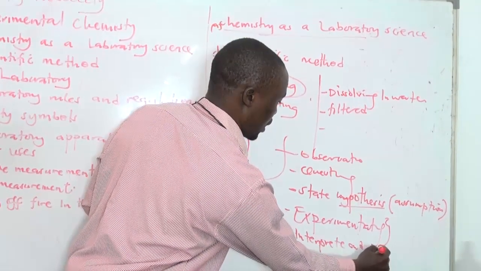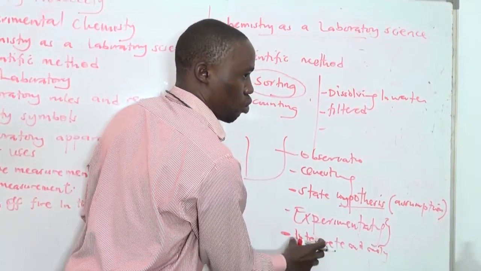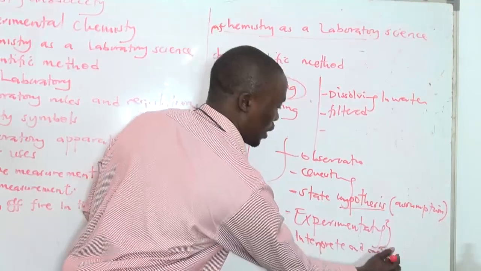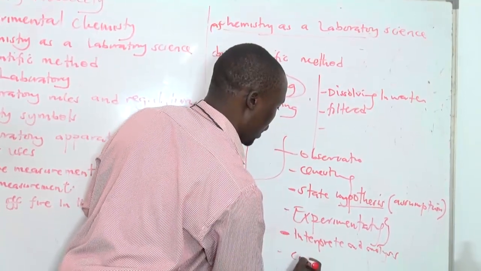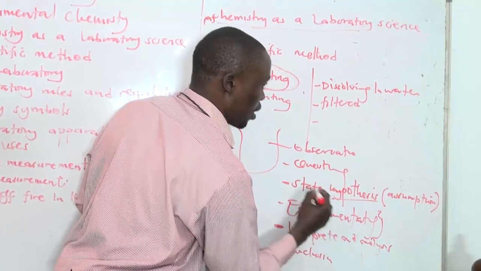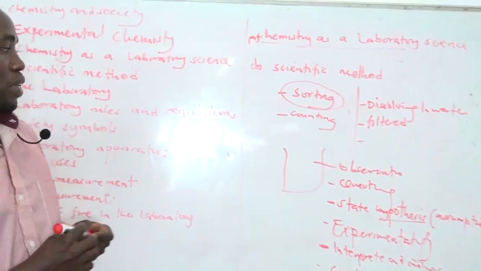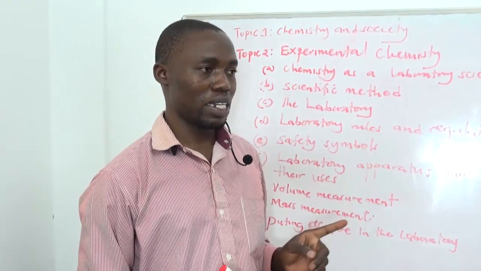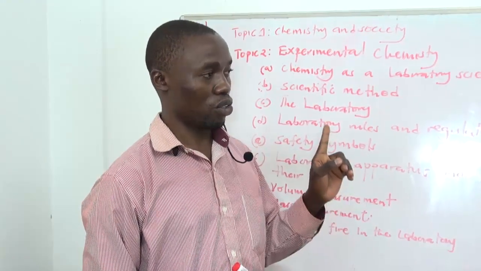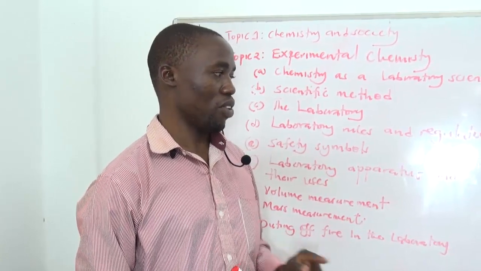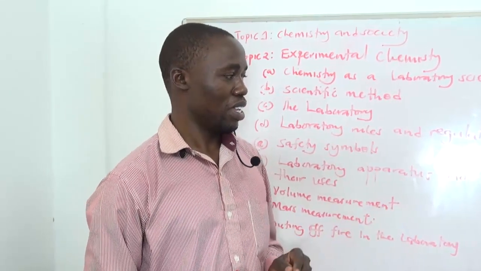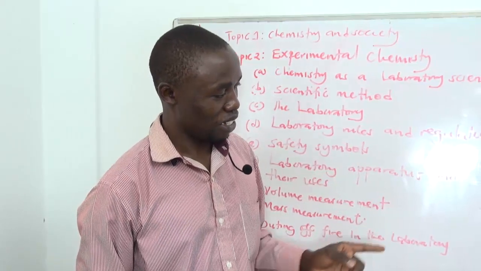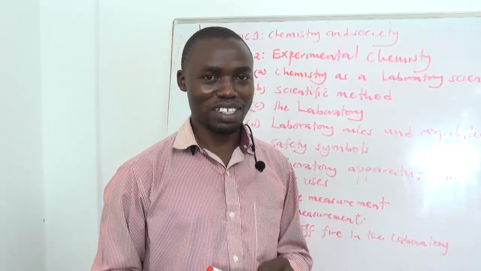You know there are now 100 by analysis. Then lastly, you make a conclusion. Now that's what we call a scientific method. It is a method that involves questioning, observation, experimenting, stating a hypothesis, and interpreting, then conclusion.